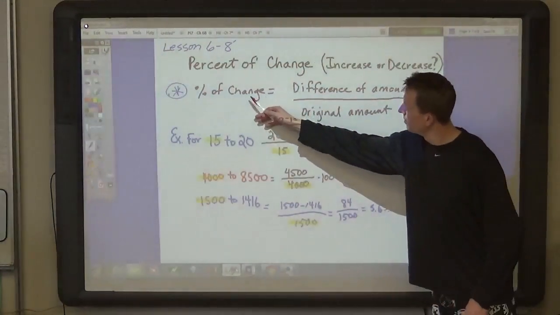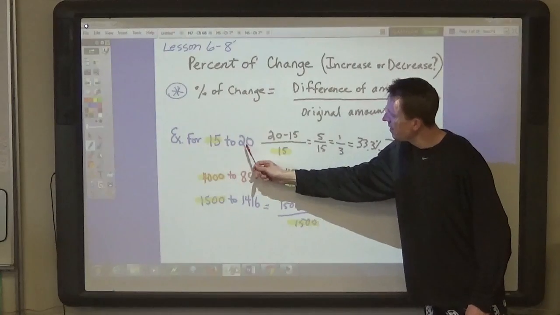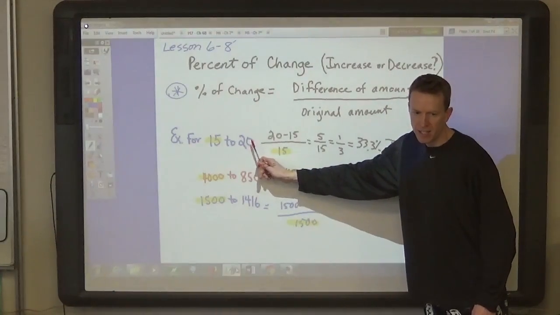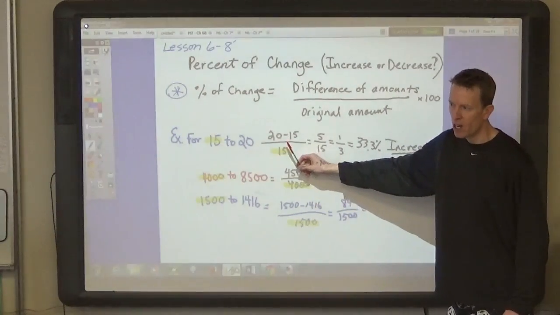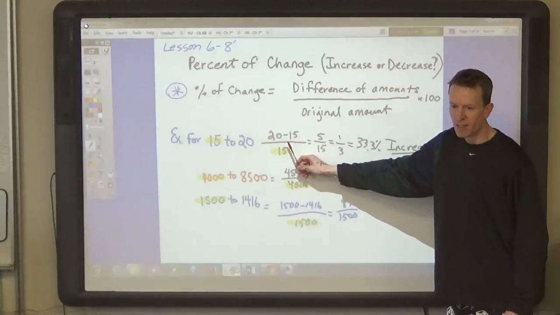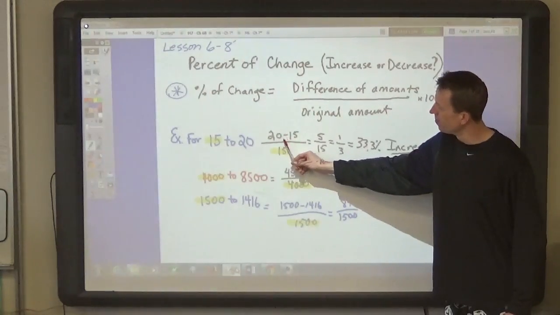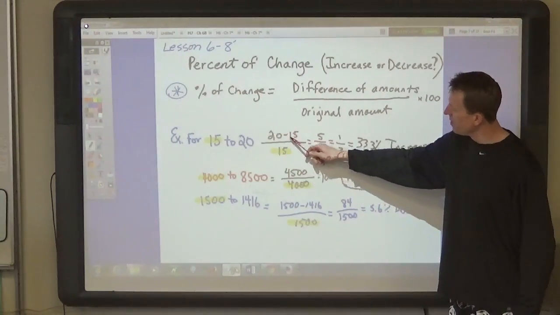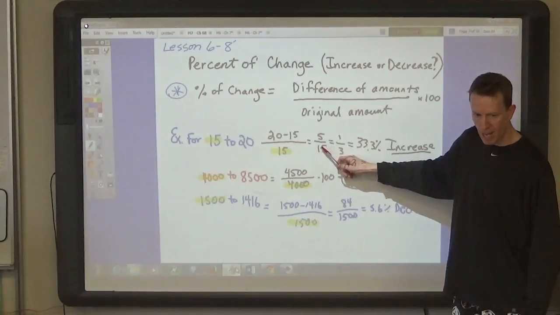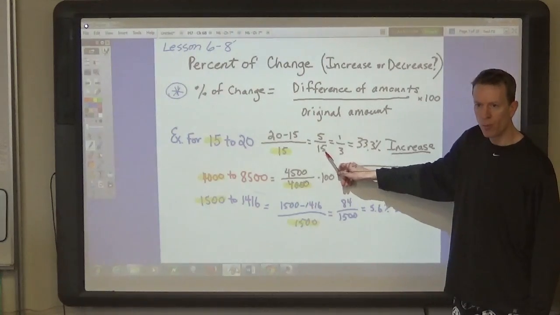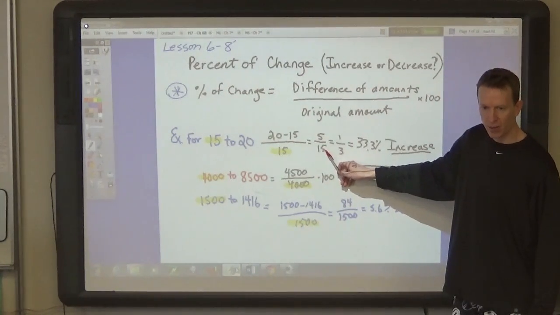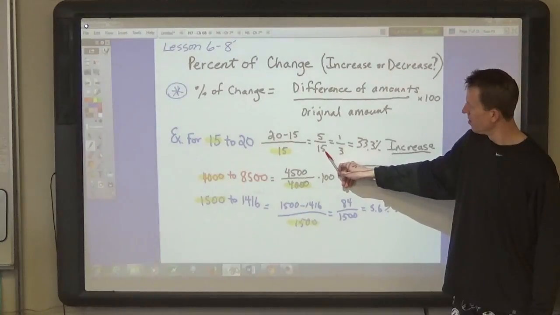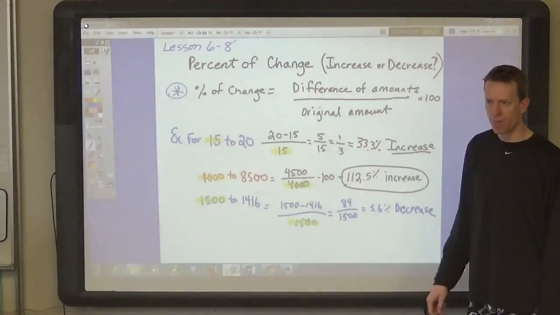So look at these examples. From 15 to 20 is a difference of how much? It's a difference of 5, right? Yep. And if we divide 5 by the original amount, the starting amount, we can find the percent of change.